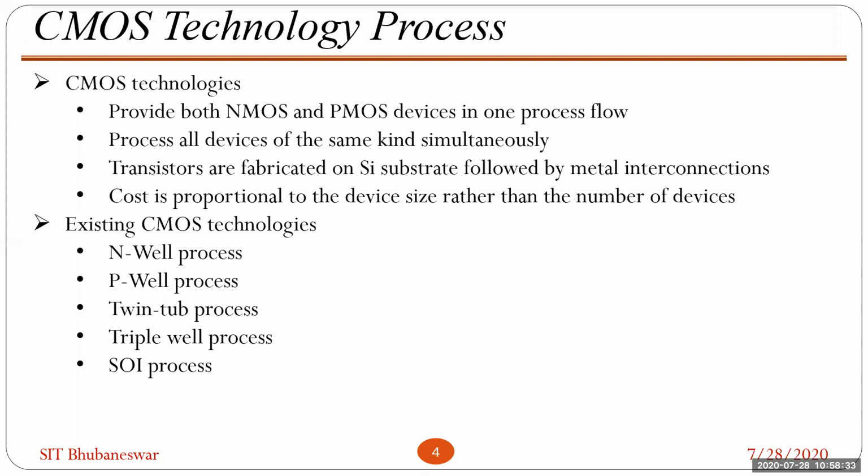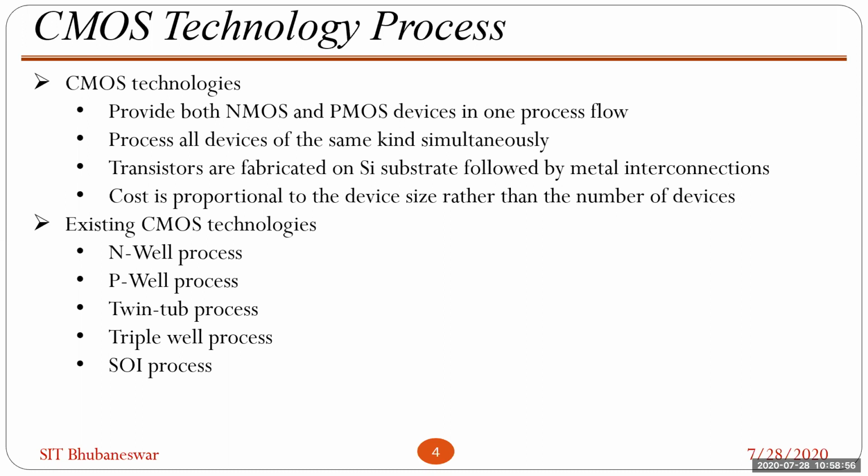Upper level means, suppose this goes to another transistor, we can connect to metal 1, then metal 2. It runs through metal 2, and another transistor connects through metal 2 to metal 1, then metal 1 to source, drain, or poly. Like that, after the transistor fabrication, we do the metallization.